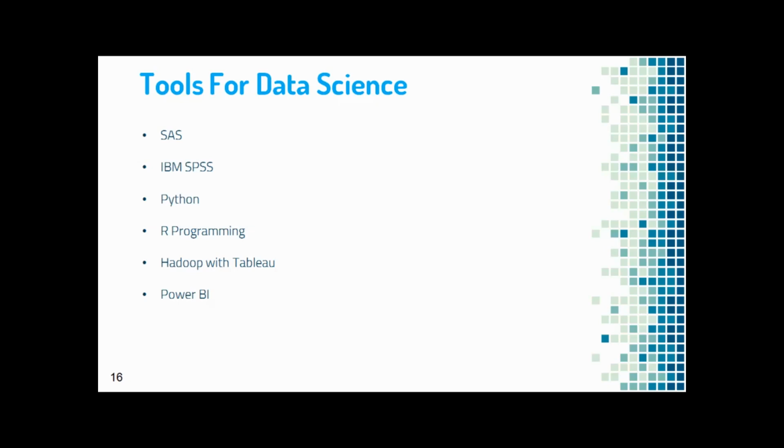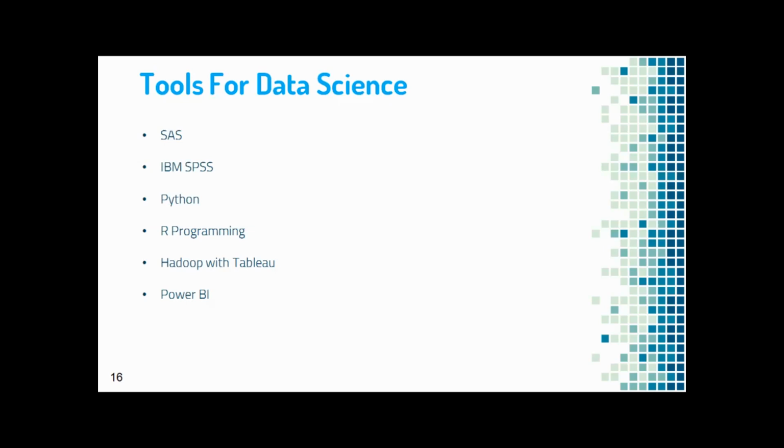Python is another tool that is used for doing analysis. Python is freeware, means it is available free of cost. We can download it, install it and use it. There is no problem. Similarly, R programming is also available free of cost. So anyone can download, install, use it, create. There is no problem.